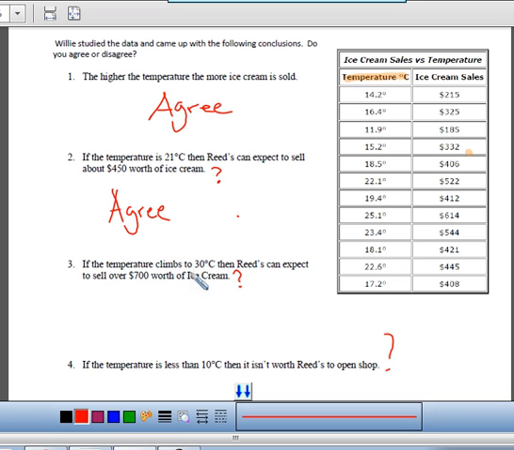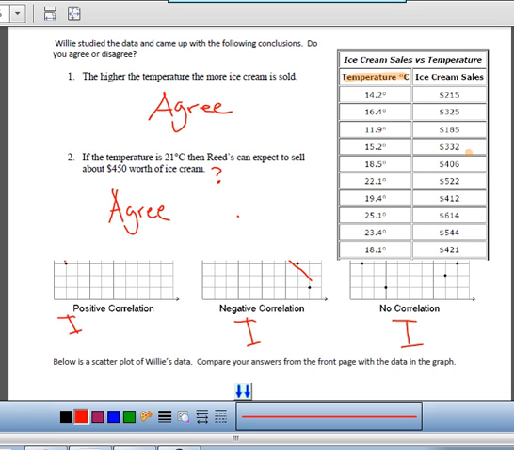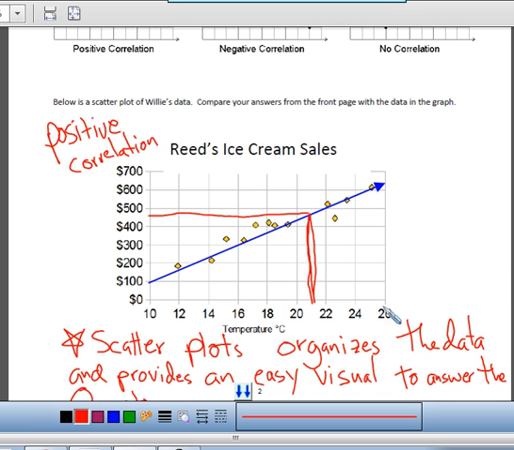If the temperature climbs to 30 degrees Celsius, then Reed's can expect to sell over $700 worth of ice cream. All right. Well, if this were to continue, it looks like at 28 degrees Celsius, it's going to hit that 700.